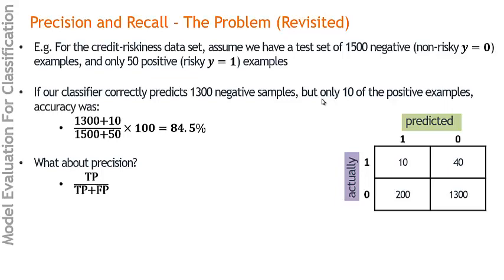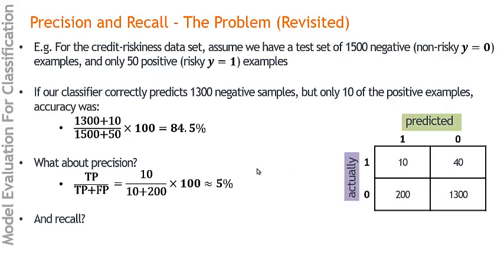The precision is going to be the number in the top box divided by the first column. So in fact, we have precision of 5%. You can see we've predicted a lot of people are bad credit risks that actually aren't. So this has very poor precision.